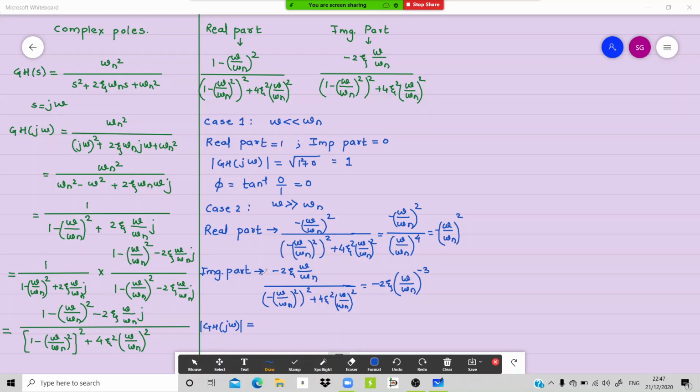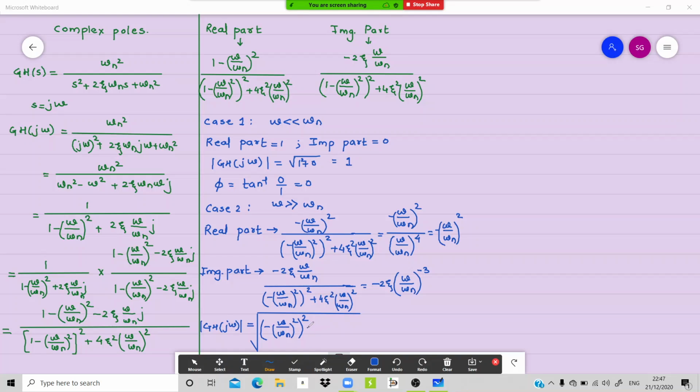So real part and imaginary part under root. So it is going to be minus omega upon omega n bracket square and again square of that, real part square plus imaginary part square.